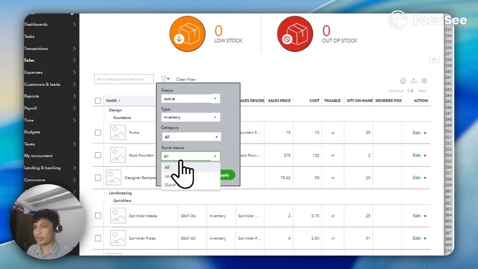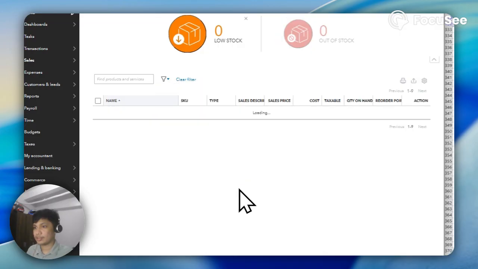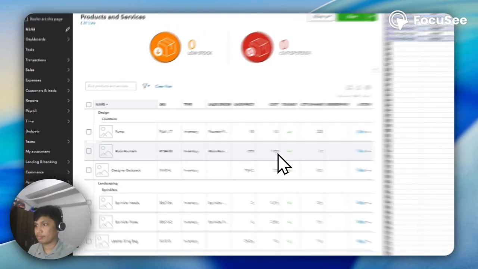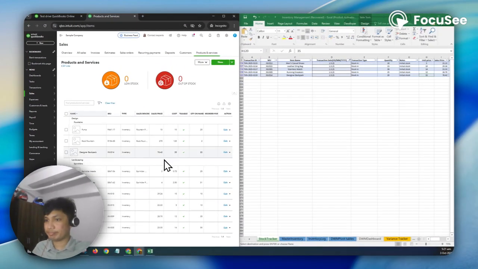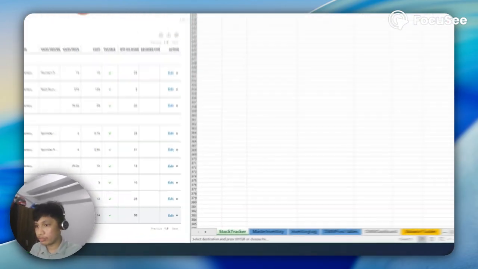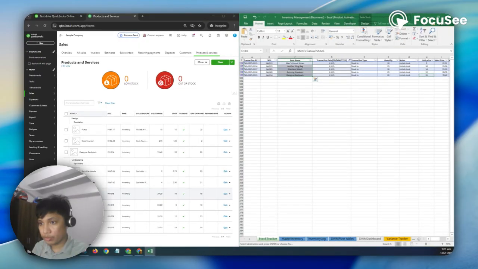Let's go for the low stock. As you can see, how many items do we already have here? Five. One, two, three, four.